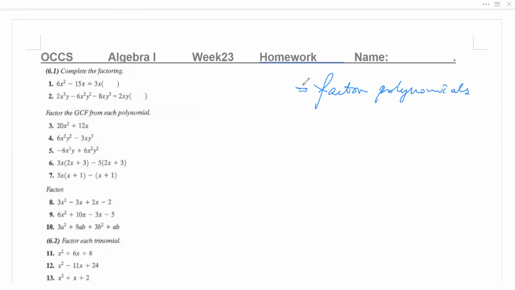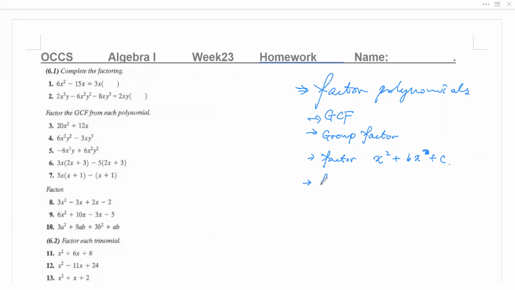right? So we first began with finding the GCF, finding the group of common factor, right? And then we moved to factor something like these kinds of polynomial, x squared plus bx plus c, right?